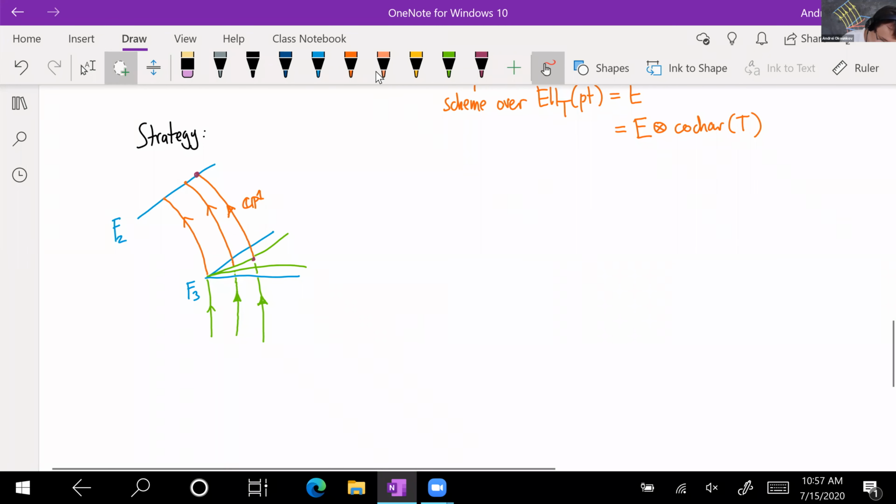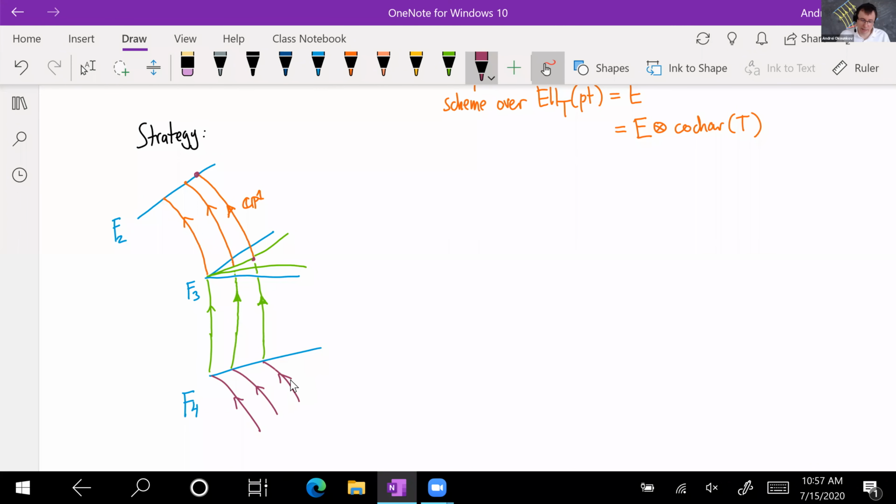So this green one hits a new component at some point. We call it F4. The green one hits this F4, and then we take the attracting manifold of F4, and so forth.